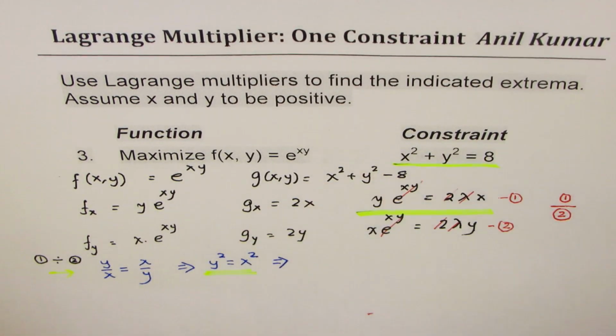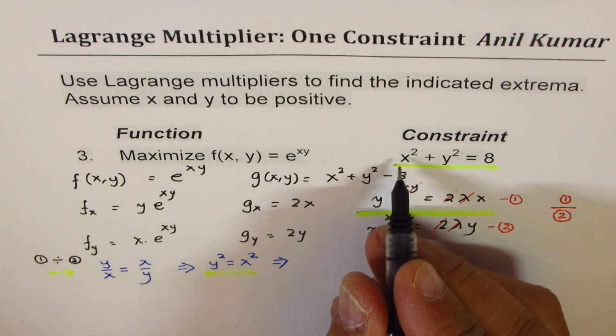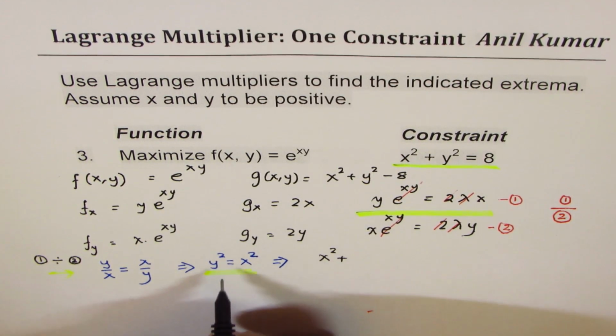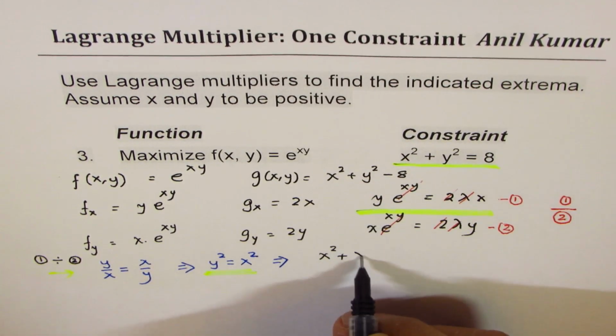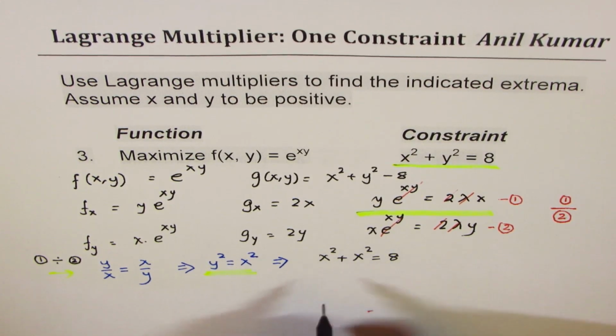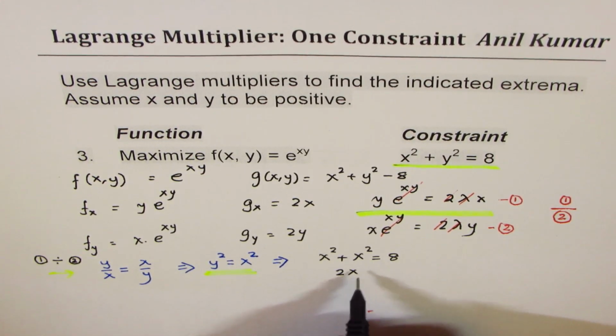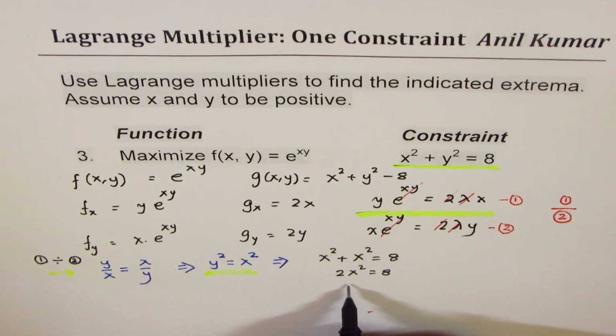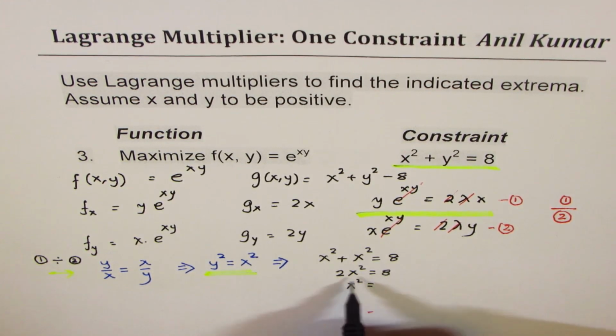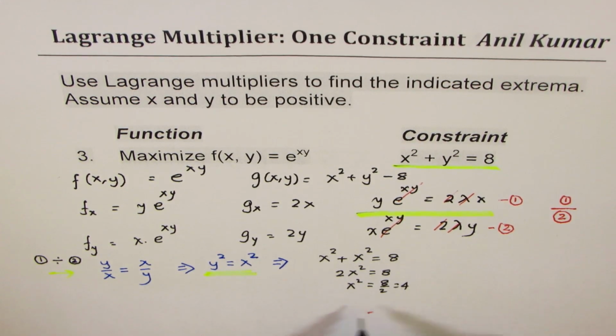So I'll write x squared plus, instead of y squared, x squared equals 8, and that gives me 2x squared equals 8, or x squared equals 8 divided by 2, which is 4, or x equals plus or minus 2, the square root of 4 with positive and negative. So we get two values for x, plus minus 2. Do you see that part, right?